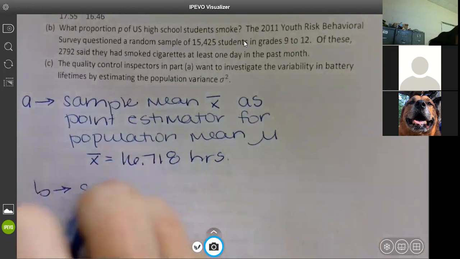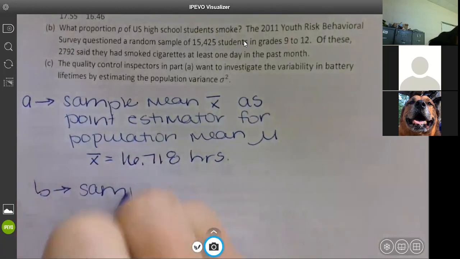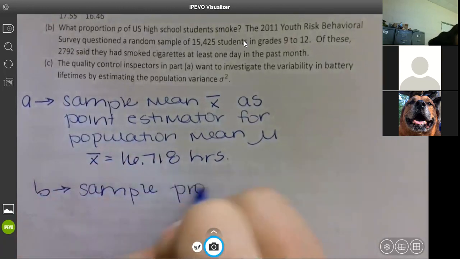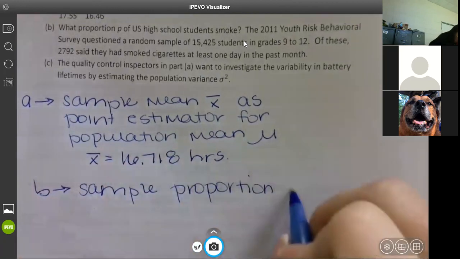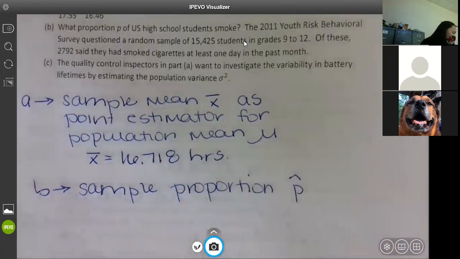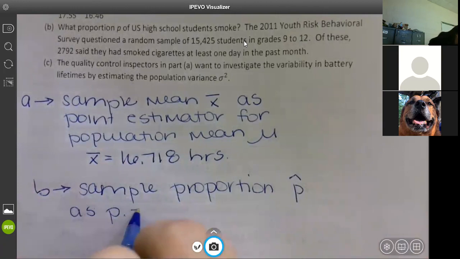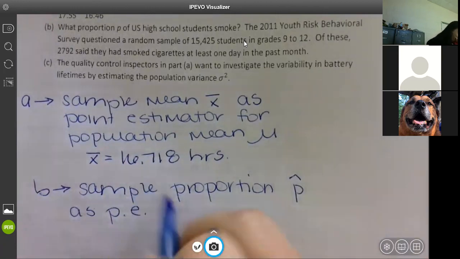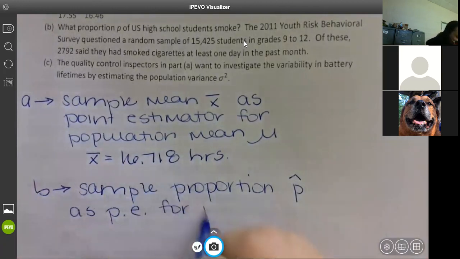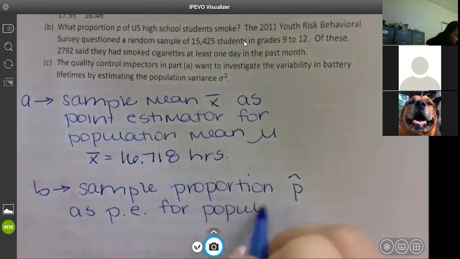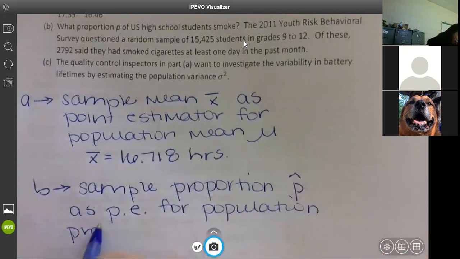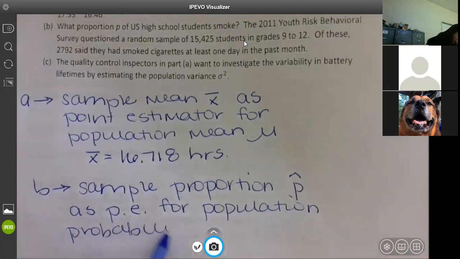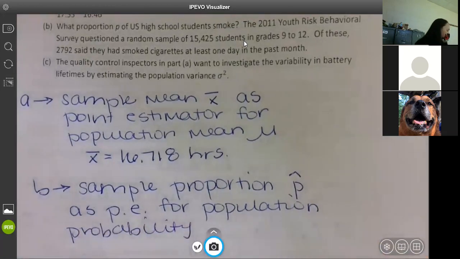So we want to use the sample proportion. And remember, we write that as p hat, as the point estimator for the population proportion.